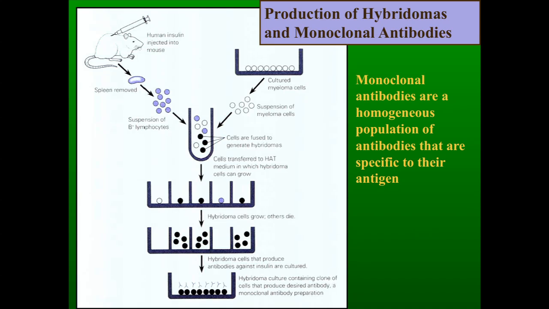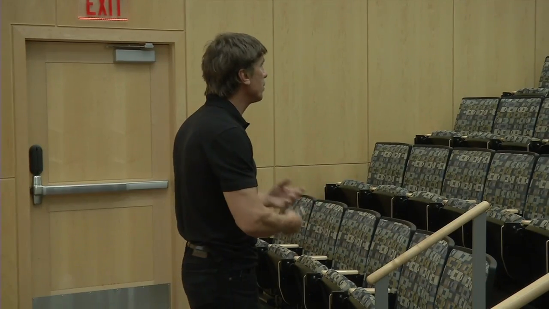These cells can be cultured perpetually, so we can fuse the mouse spleen B lymphocytes that contain antibodies against human insulin to these myeloma cells. Those cells are called hybridomas, and when we grow them in culture, they will produce antibodies against human insulin. And we can grow them in culture and make a lot of anti-human insulin with these monoclonal antibodies.